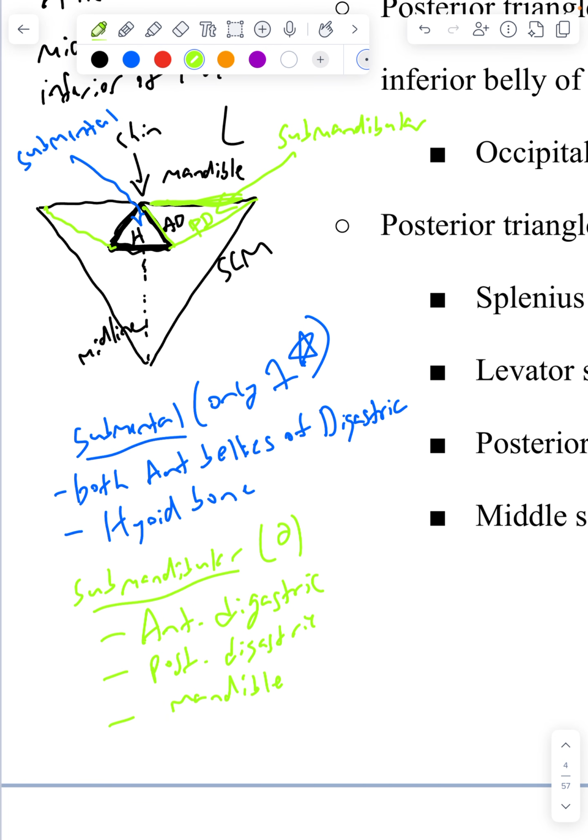Now, if we use this posterior digastric, and then we use the sternocleidomastoid, and the superior omohyoid. So we're going to have a muscle.